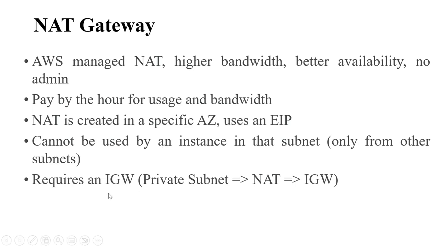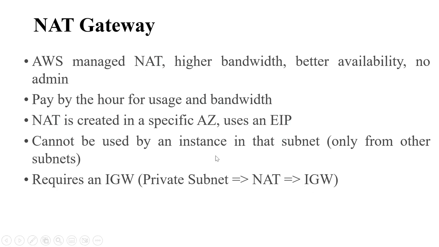So how do we define this NAT gateway? It is going to have a dependency on the internet gateway. Here is how the communication works: the private subnet uses the NAT gateway, and the NAT gateway uses the internet gateway for internet communication. The public subnet we map directly to the internet gateway.